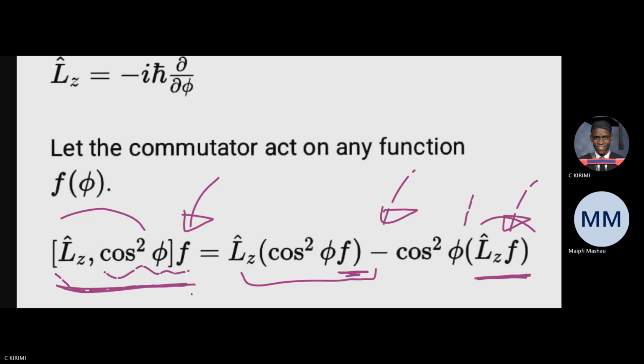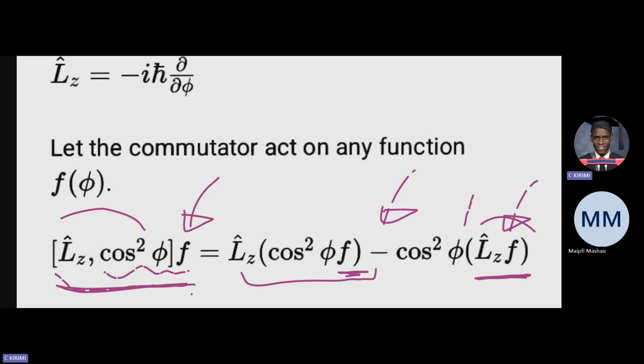Because when we differentiate, we want to differentiate that function, which is f. So you can't just have partial phi of what? Then you must indicate partial phi of f. That's why the f was introduced there.